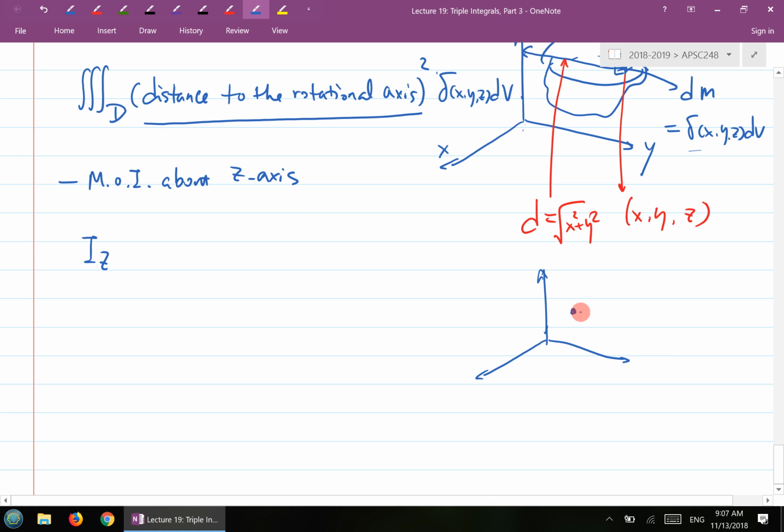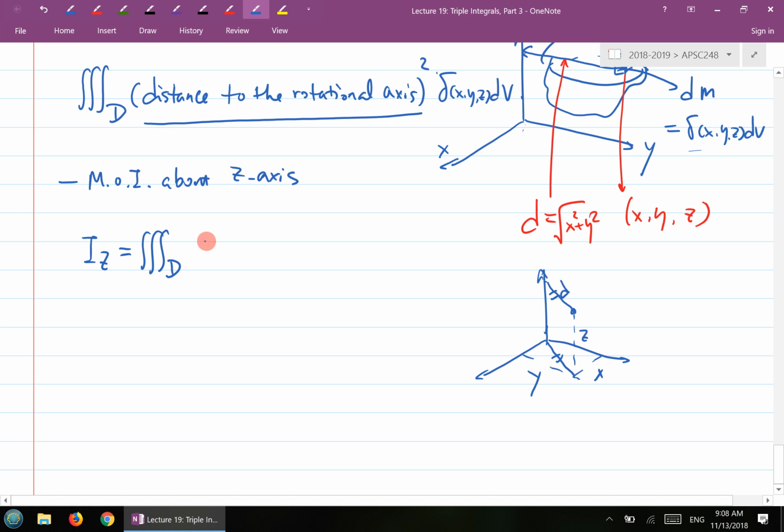If I pick a point here, I can always create this is your y, this is your x, this is your z, the coordinates. The distance from that point to the z-axis is this portion here, the portion at the bottom, which is the square root of x squared plus y squared. So then your Iz is equal to the triple integral.